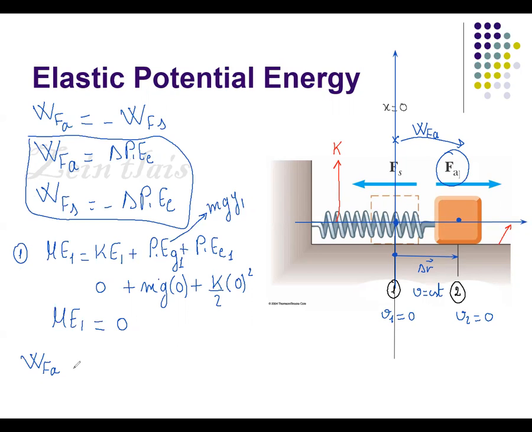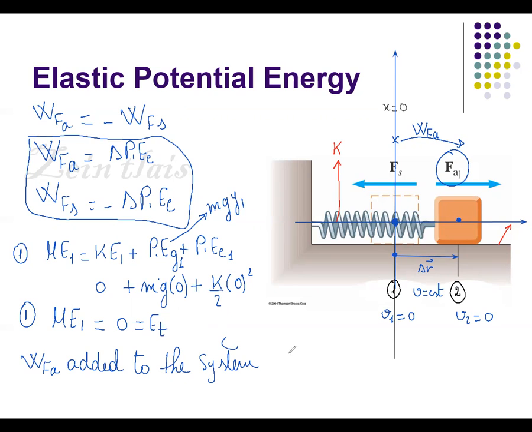So this quantity of energy, omega Fa, is added to the system. Till now, at position 1, we don't have any kind of energy. We can say the total energy here equals 0.